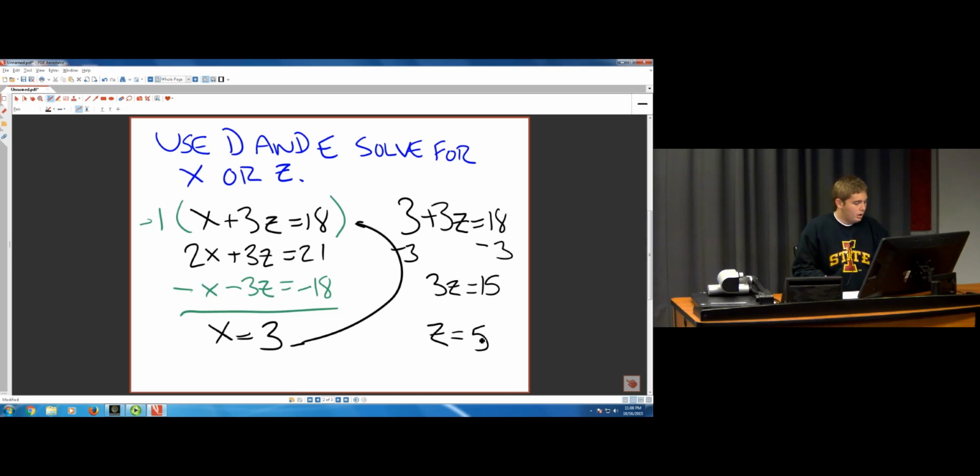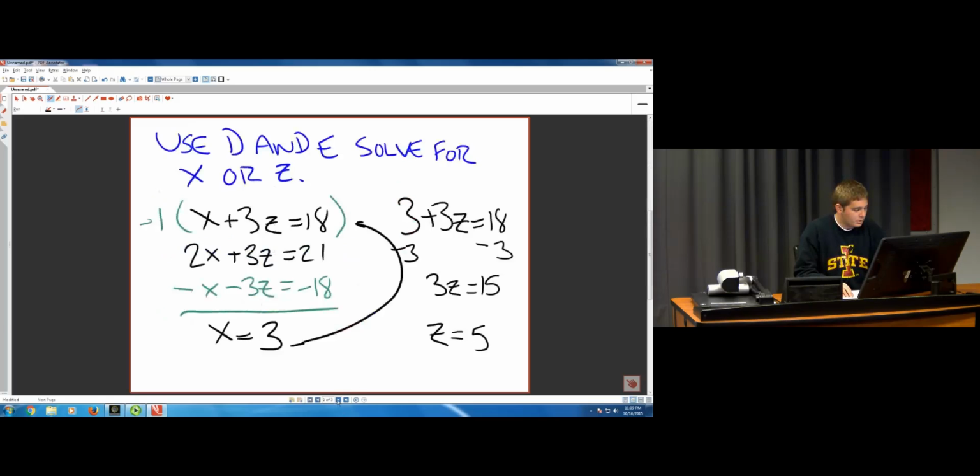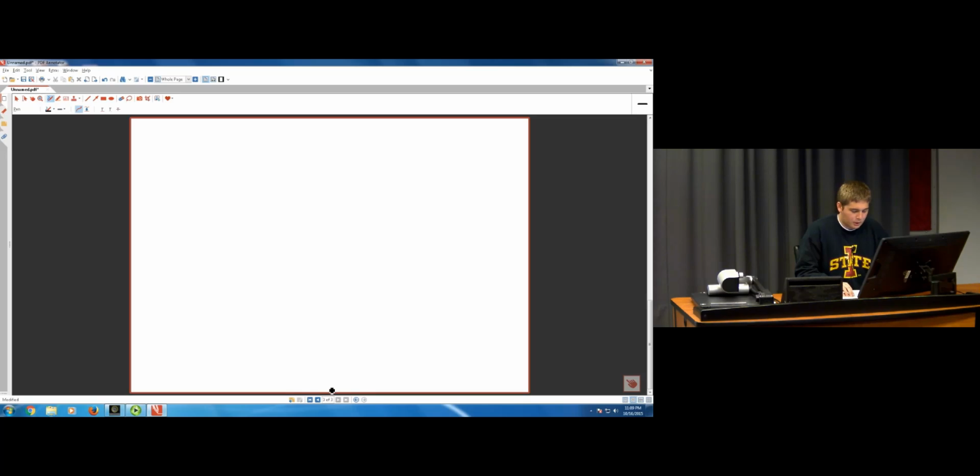And now our last step is to solve for y. So we go back up to one of our original equations, either A, B, or C, and we want to use one of them to solve for y. Now I think it's going to be a little easier if we use equation B. So let's get to a blank page here.